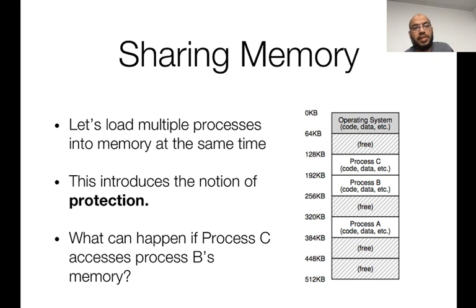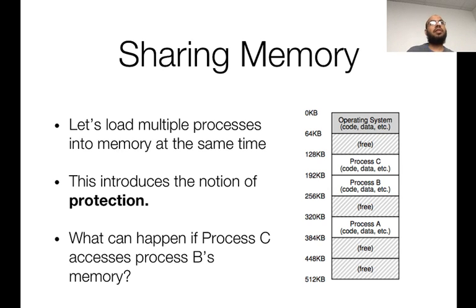So people started thinking we might need better multiplexing, and swapping is inefficient since you have to load the files from disk. So let us load multiple processes into memory at the same time and multiplex between them. If you do that, you need to provide some form of protection between the different processes, because you don't want process B to access process C's memory.